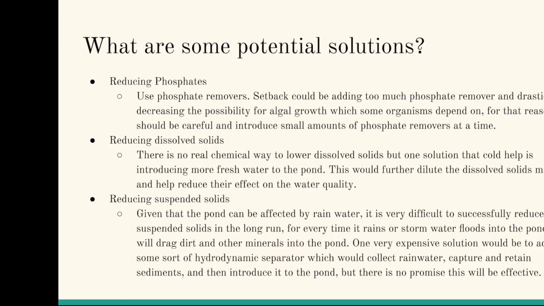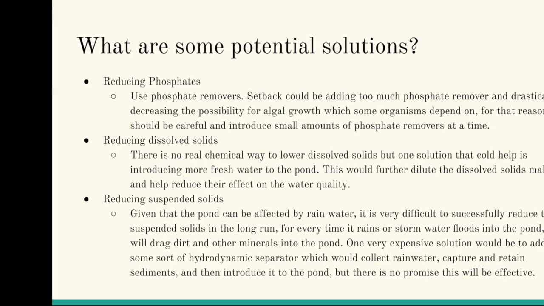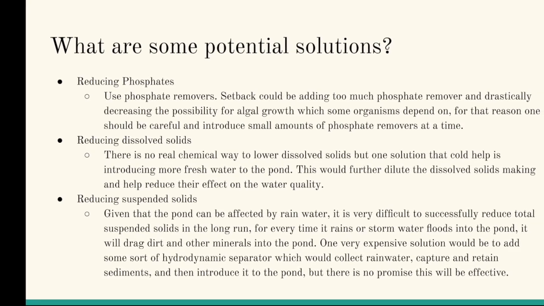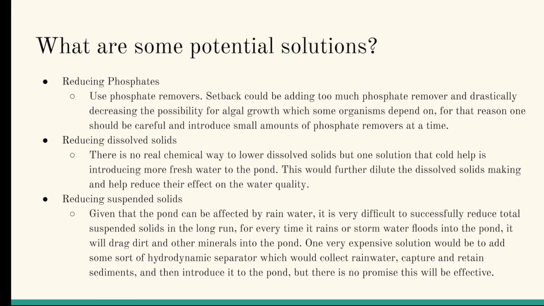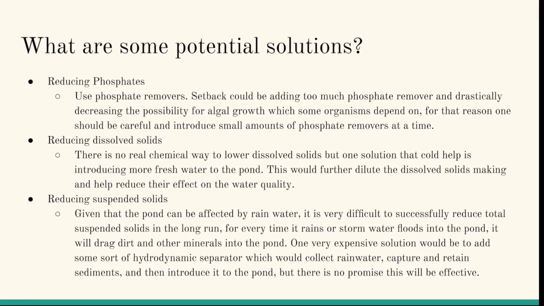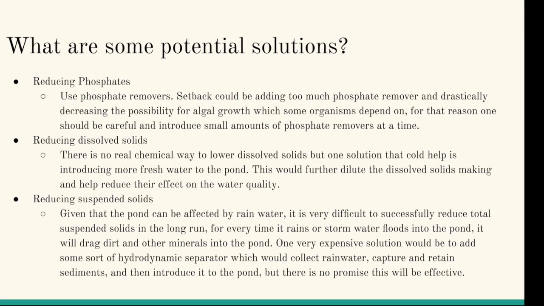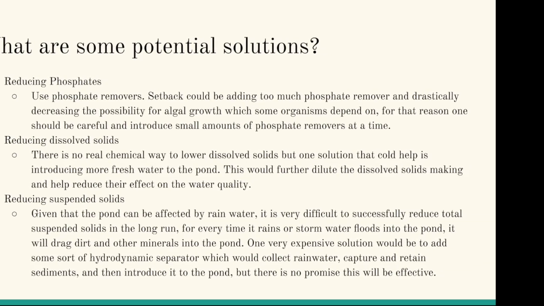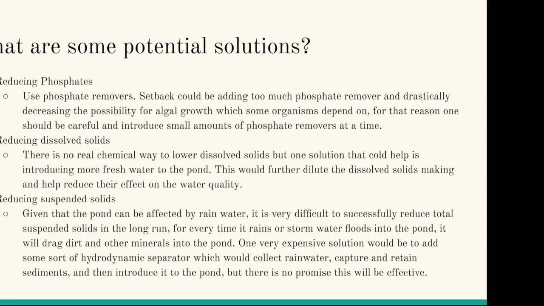We've outlined 3 possible solutions for improving the water quality at Martel Pond. The 3 are reducing phosphates, reducing dissolved solids, and reducing the suspended solids. Each one of those has its benefits and negatives outlined.